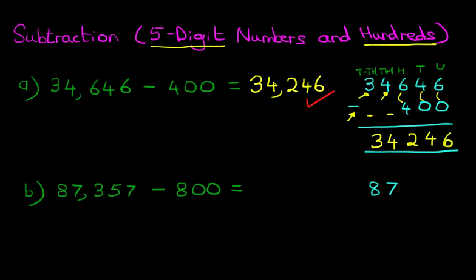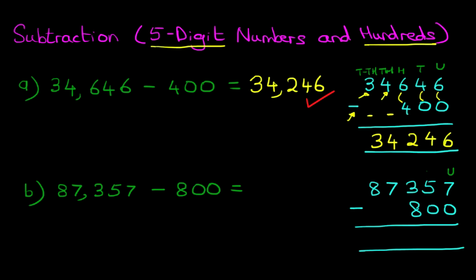So we've got 87,357 minus 800. Let's label the columns. We've got units, tens, hundreds, thousands, and 10,000s. Okay, we're ready to go ahead and do the subtraction.